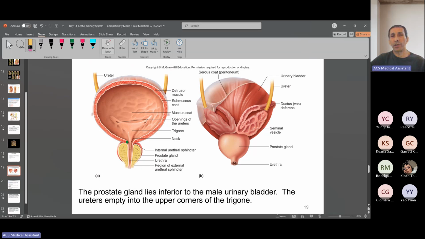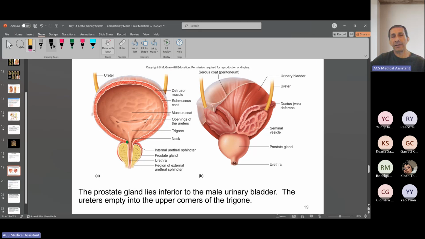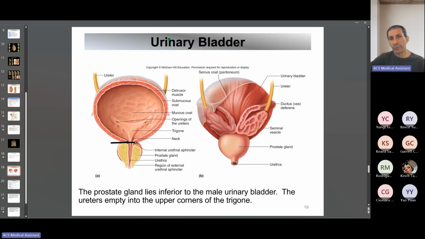Now, remember when we were talking about the male reproductive system? Here we have this particular gland. Remember the prostate gland. See, it is around the urethra, below the urinary bladder. So this is the prostate gland.